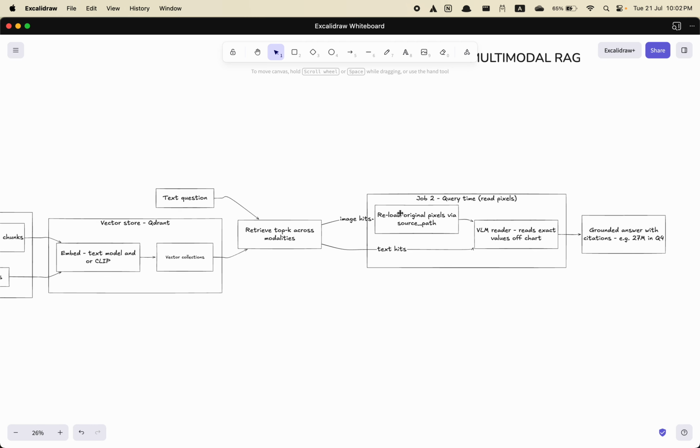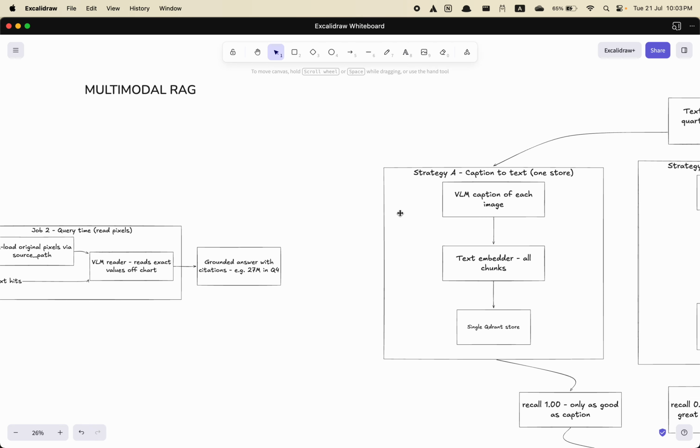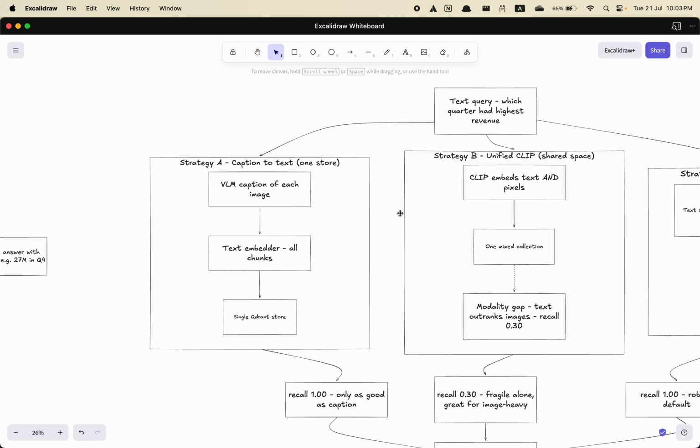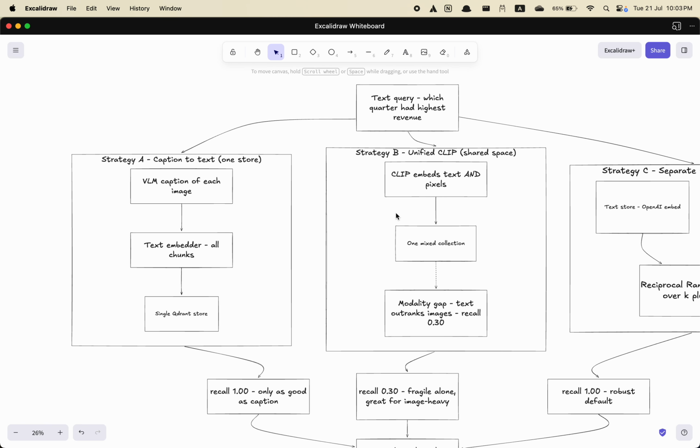The component that can see an image can't index it, and the one that indexes it can't see it, so you get this mismatch. That single mismatch is the reason multimodal retrieval is hard, and it's the thread running through everything that we built.